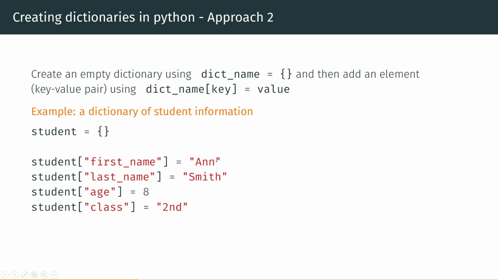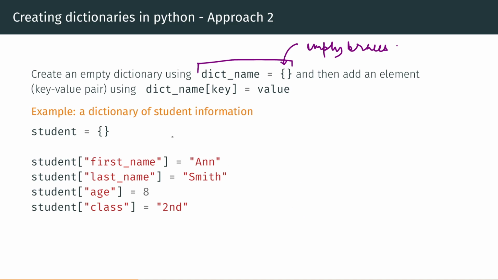There is another way of creating a dictionary, and this way can be used when the elements of the dictionary are not known beforehand. The way to do it is, we create an empty dictionary using this syntax right here: the name of the dictionary equals a pair of empty curly braces.